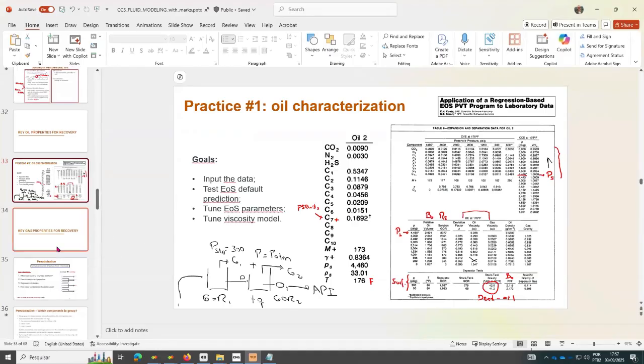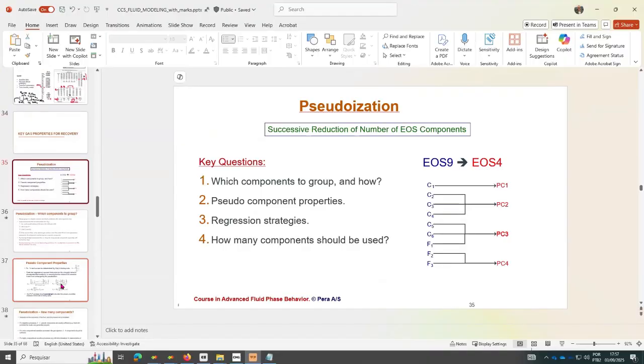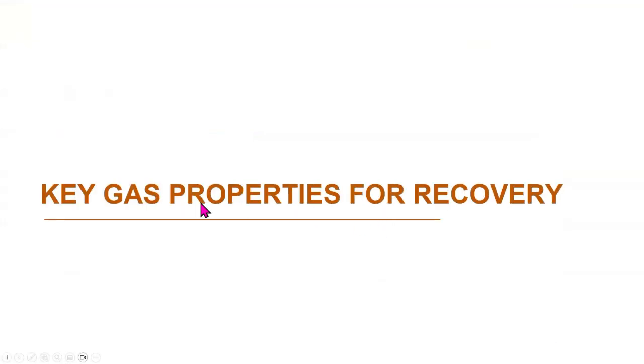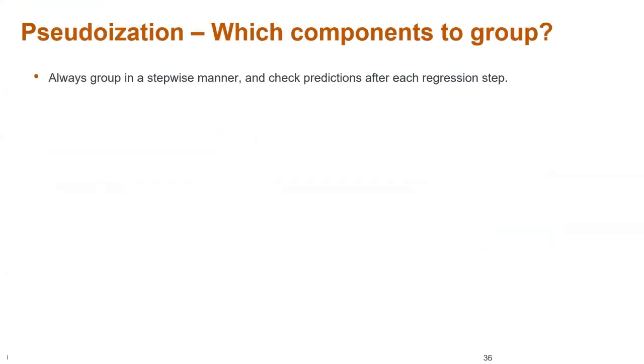So the next step, for tomorrow, for Friday. Let's keep tomorrow, because for Friday, we will discuss the gas property for recovery. We discuss the lumping of components in order to reduce the number of components in our mixture.